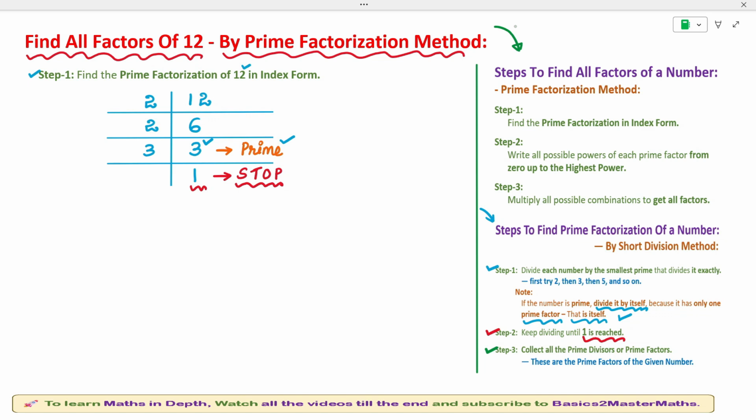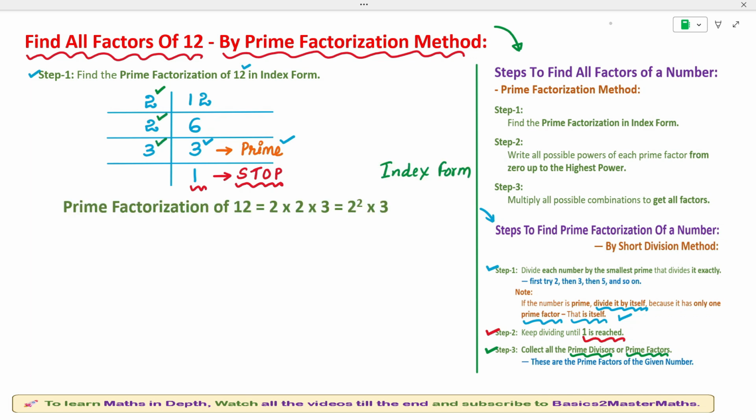Step 3. Collect all prime divisors or prime factors. In this case, they are 2, 2 and 3.